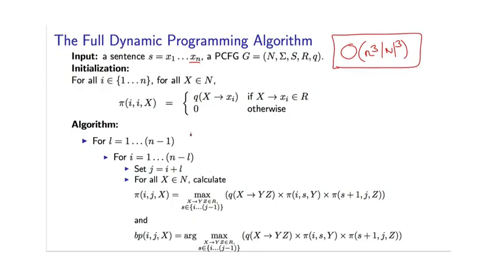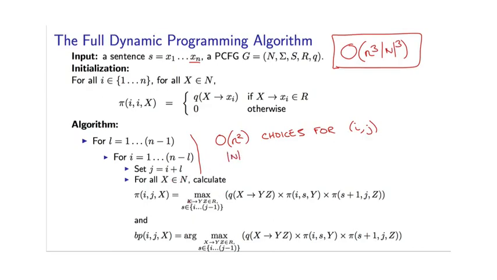If you consider this algorithm, there are order n squared choices for i, j. That's the start point and the end point for the pi value we're calculating. So we have order n squared choices for these two variables. Then at each point we have N possible values for x.